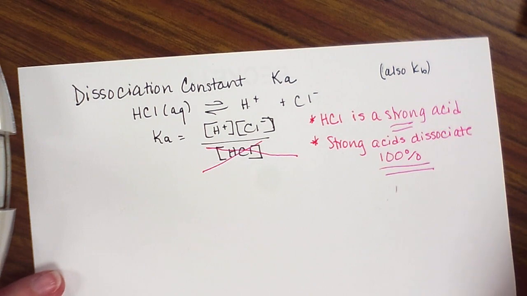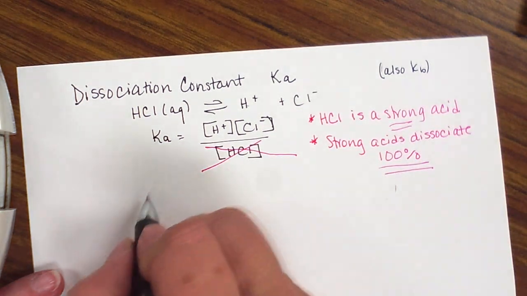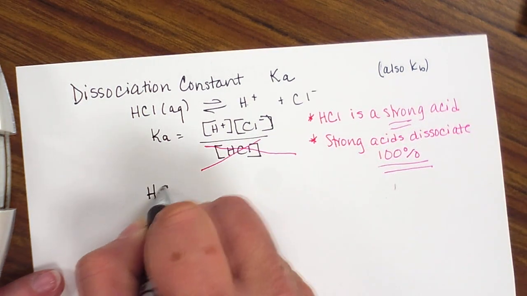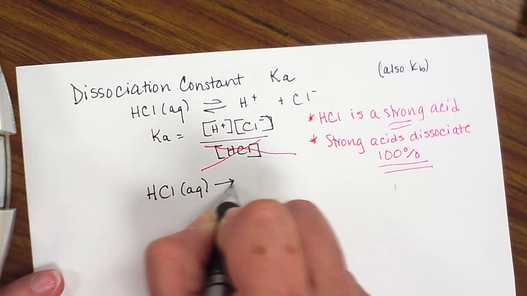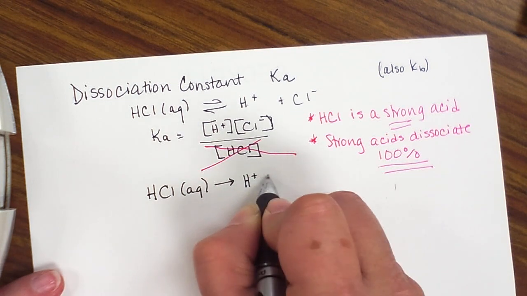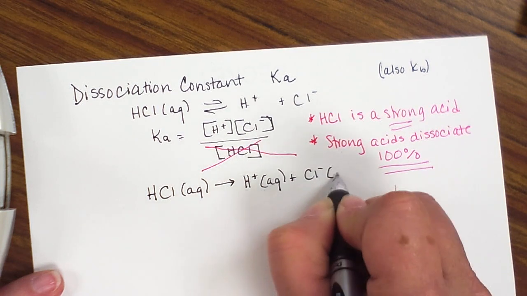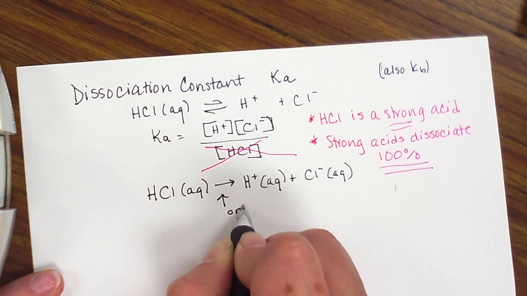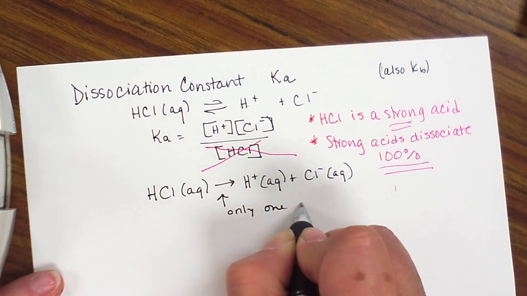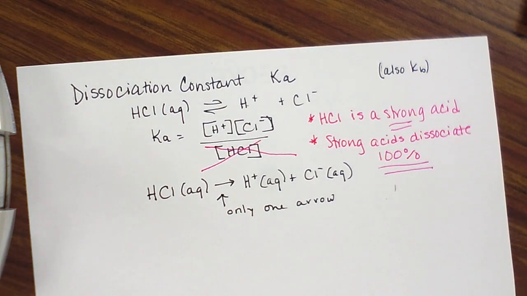Strong acids dissociate 100%. And so therefore, the equation actually looks like this, with only one arrow, because there is nothing left when it dissociates.